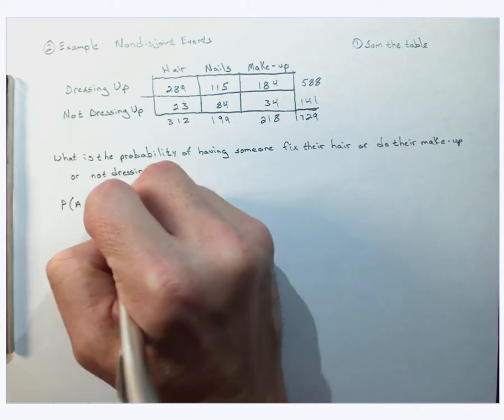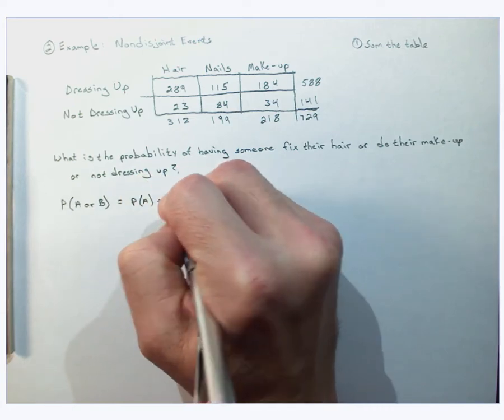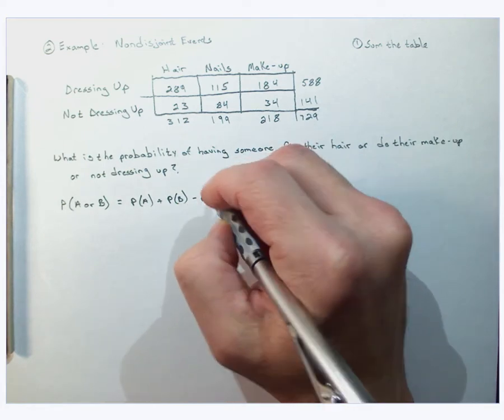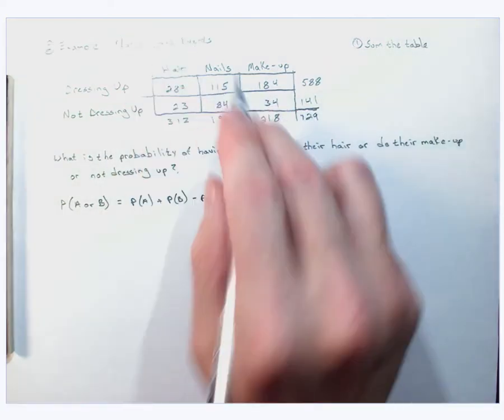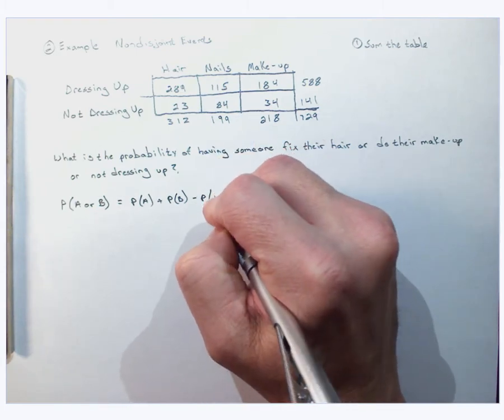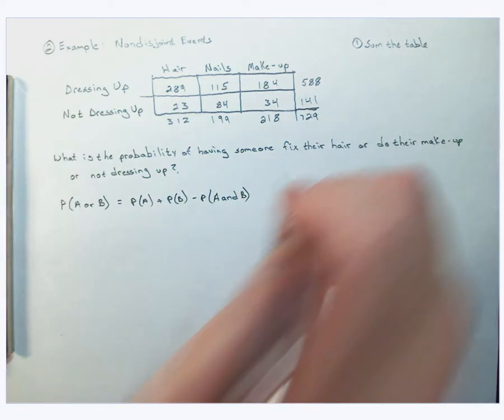The reference is simply this. And again, for this type of problem, because it's compound events, we're going to have an intersection. So we'll need to subtract that. So minus the probability of A and B.